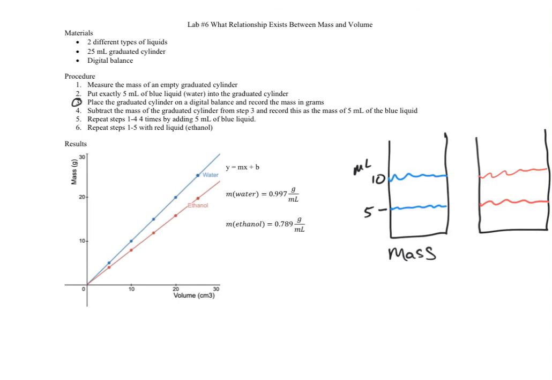You can see the graph of the water and the graph of the ethanol, and they have two different slopes. The slope of the water is 0.997 grams for every milliliter, and the slope of the ethanol is 0.789 grams for every milliliter.